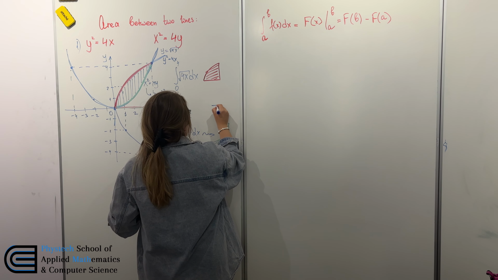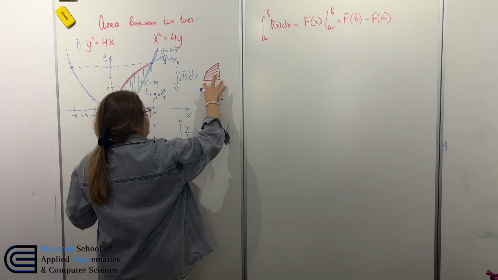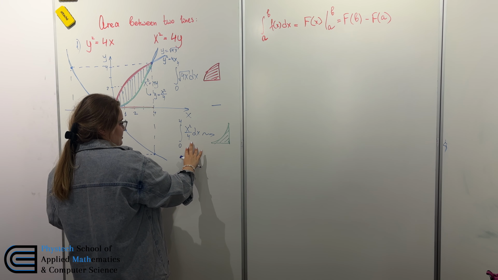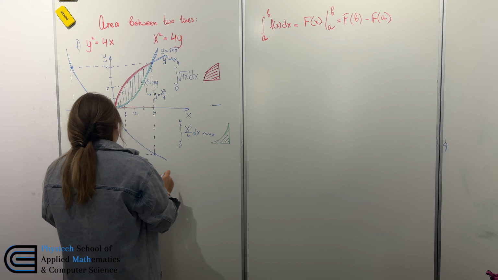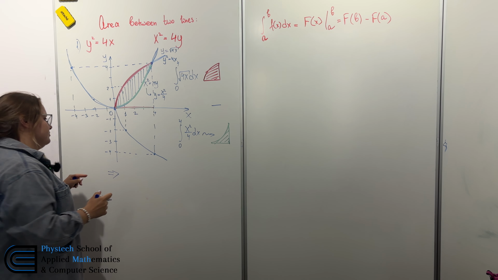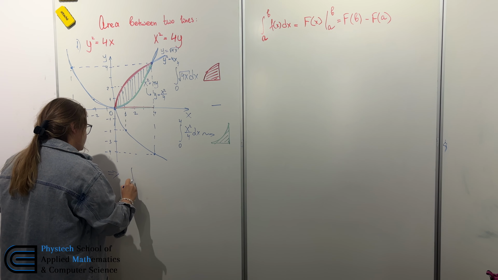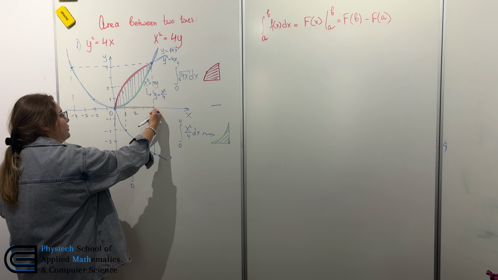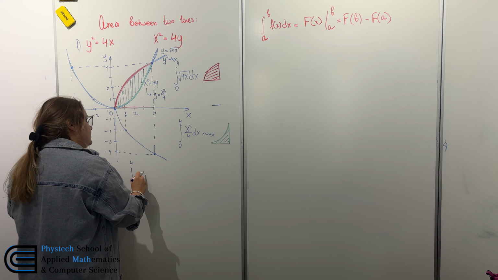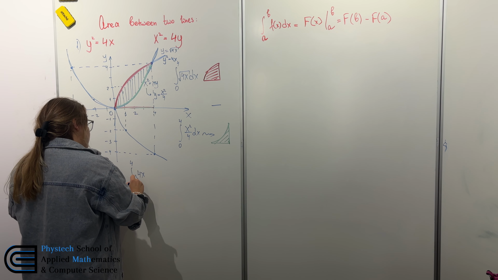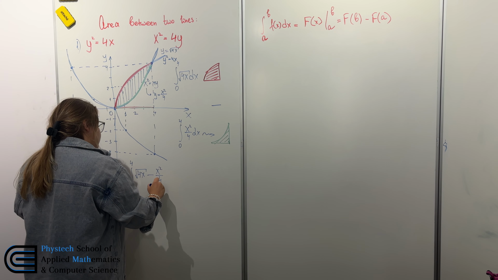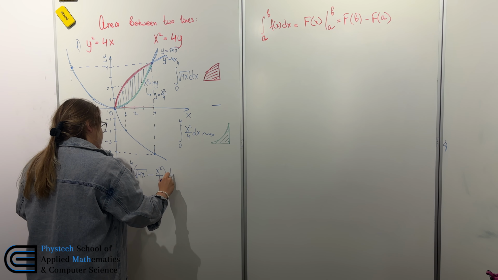So we need to find this integral, write minus and this integral. And we can write it in one integral from 0 to 4 from this to this line, and it will be square root of 4x minus x squared divided by 4 dx.